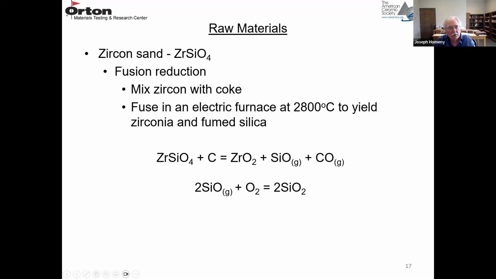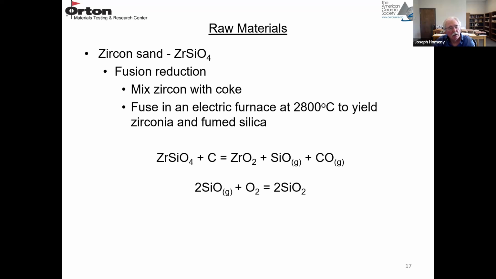So in the fusion reduction, you're simply mixing zircon sand with a carbon source. In this case, I have coke here. This is the way iron and other metals are made. You simply reduce the iron oxide with a carbon source to form the metal.